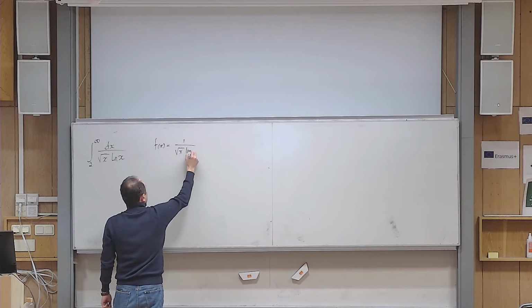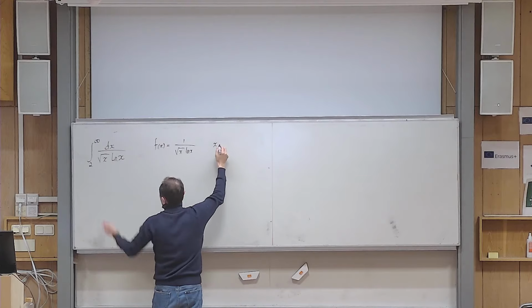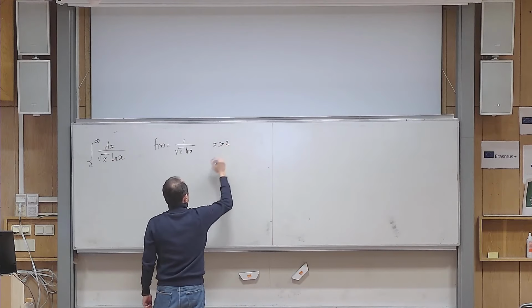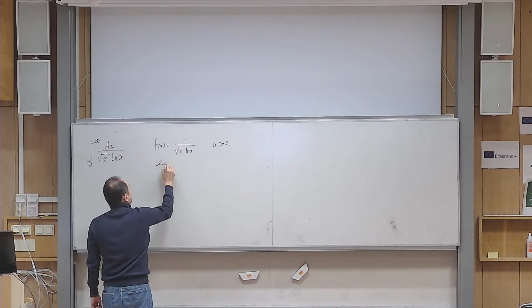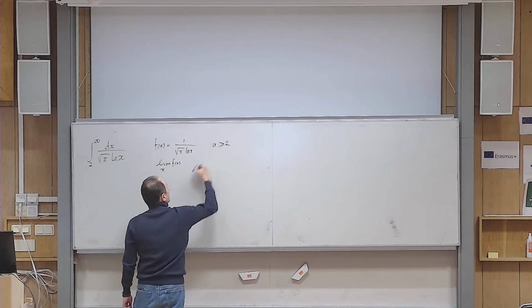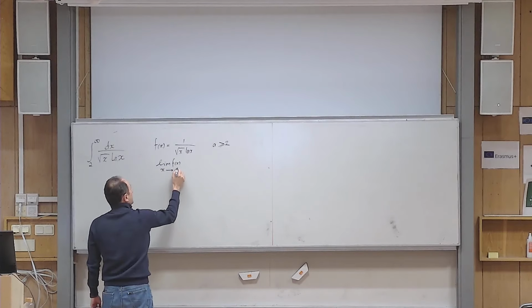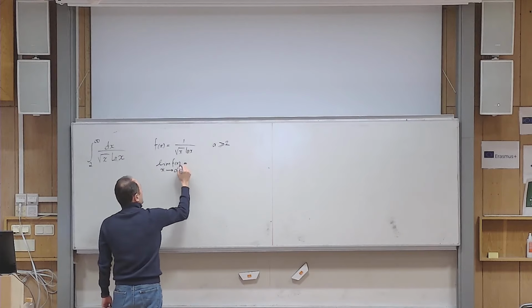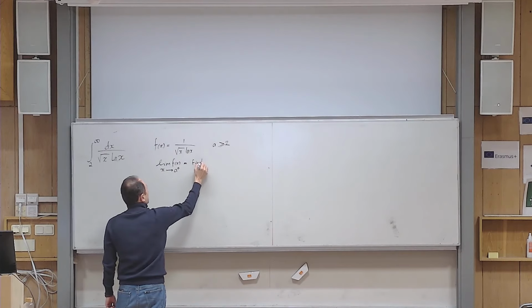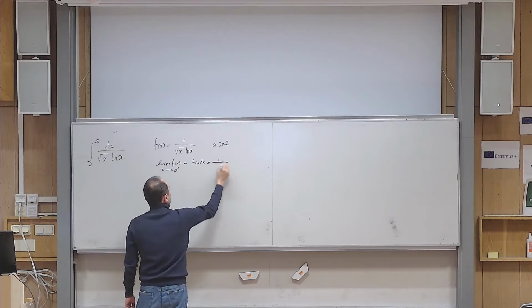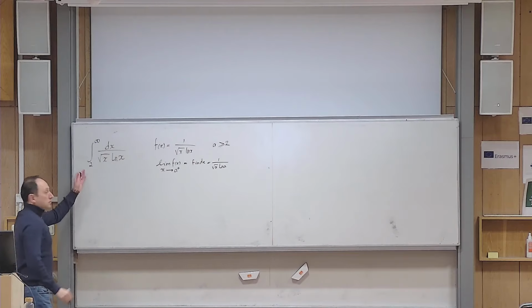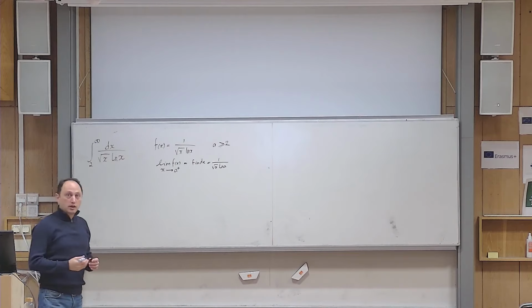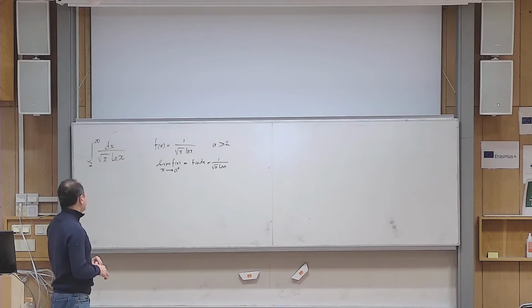For example, if a is a finite number greater than 2, then the limit of f of x as x goes to a from the right-hand side is always finite. Yes, this is exactly equal to 1 over square root of a ln of a. So this is an improper integral of the first kind, but not an improper integral of the second kind.